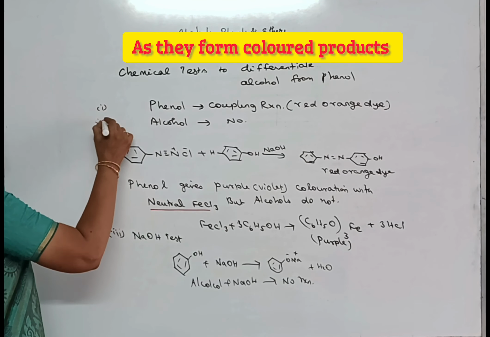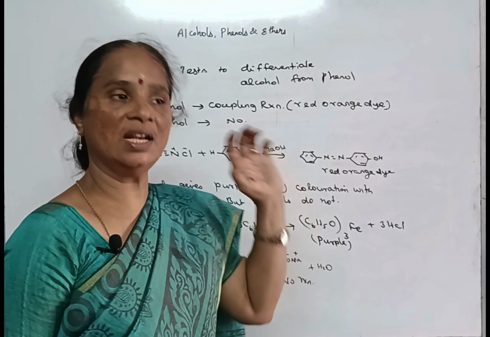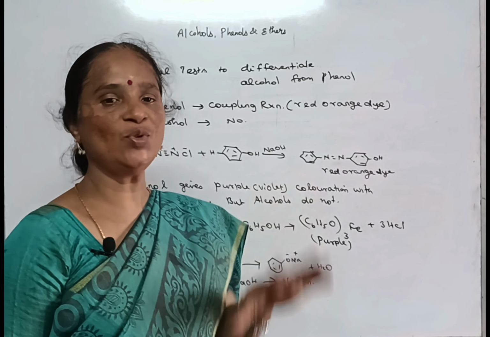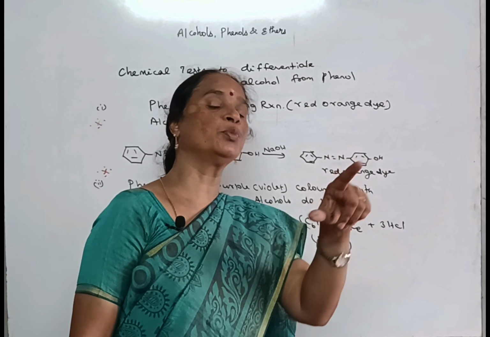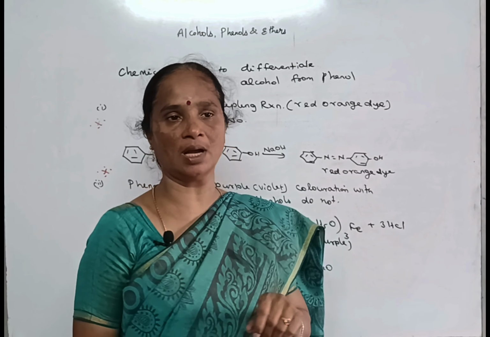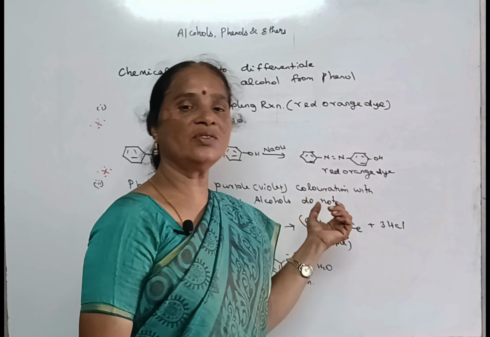Recap of today's session. Today we discussed the acidic behavior of phenols and alcohols, and we also discussed the influence of electron donating groups and electron withdrawing groups on the acidic behavior of phenol. Along with that, we discussed dihydric alcohol and trihydric alcohol, their preparation along with their properties.